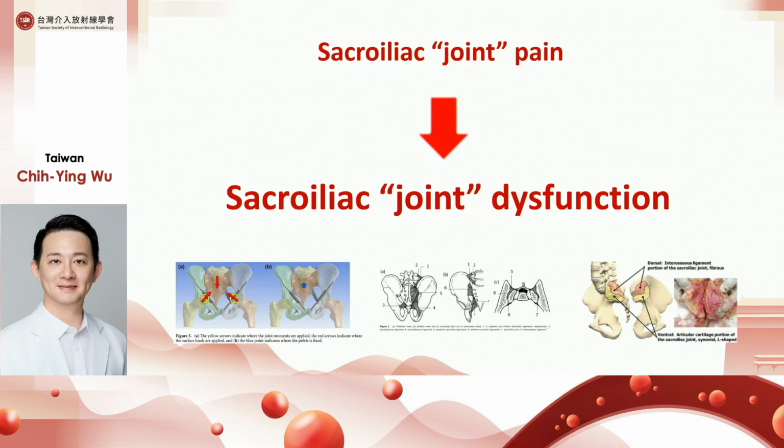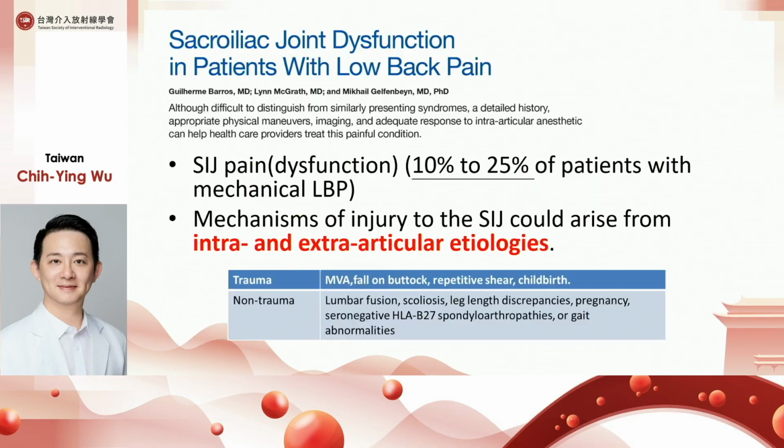We often talk about SI joint pain, but pain is just a symptom. The underlying cause is joint dysfunction. The mechanism of SI joint pain comes from intra-articular or extra-articular etiology. The most common causes of SI joint pain are trauma and post-lumbar sacral fusion.